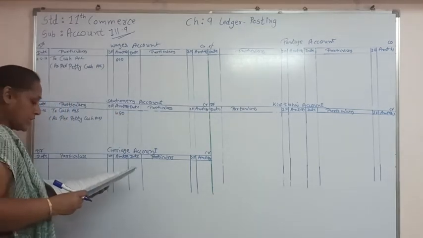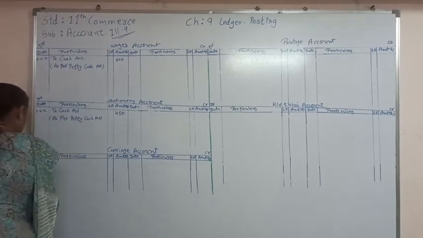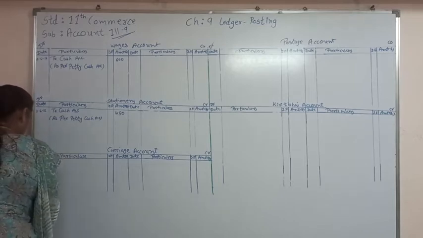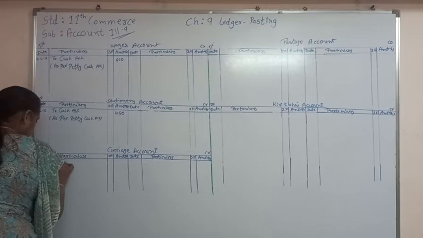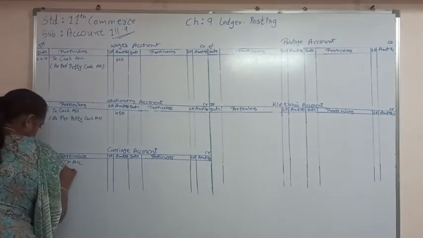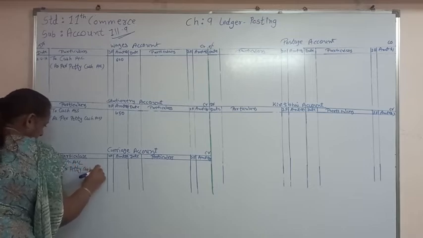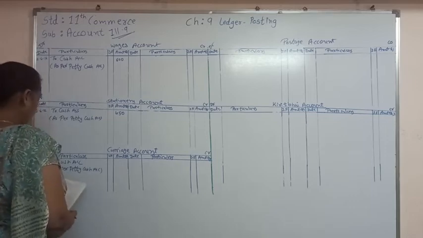Then on the debit side of carriage account, again the date will be 3/6/16, to cash account as per petty cash book, and the amount will be 400.